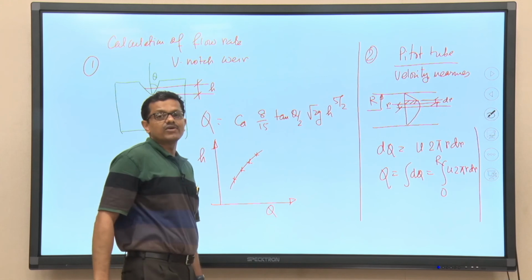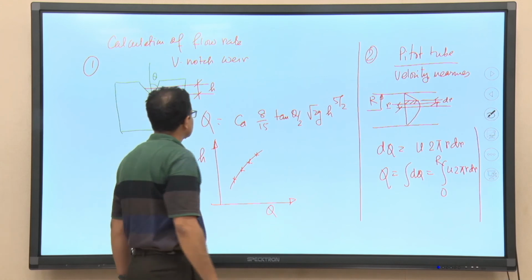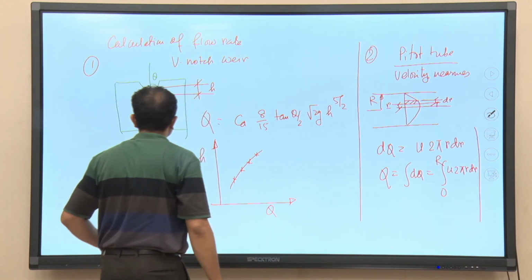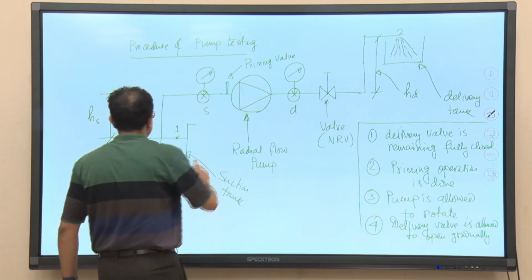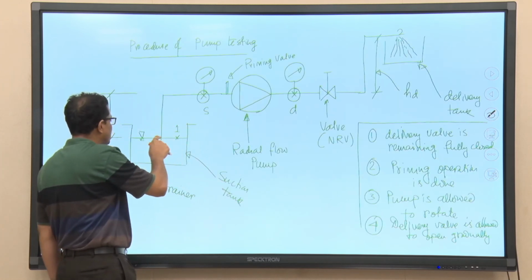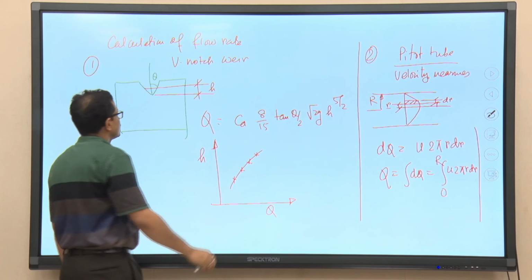Now, next is how we can measure head. I discussed that in the last class, but very quickly I will complete this. We can also calculate the head H that will be developed by the pump.